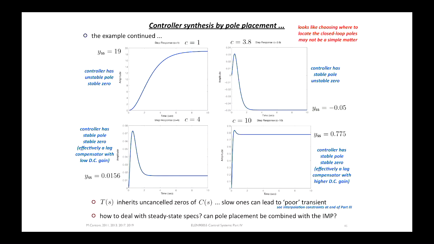It turns out though that you can combine pole placement with the internal model principle to get desired steady state behaviour. Remember, the internal model principle was all about getting desired steady state behaviour by ensuring that the open loop transfer function has appropriate open loop poles, poles that coincide with the zeros of the generating polynomial for the reference or disturbance that enters the closed loop.